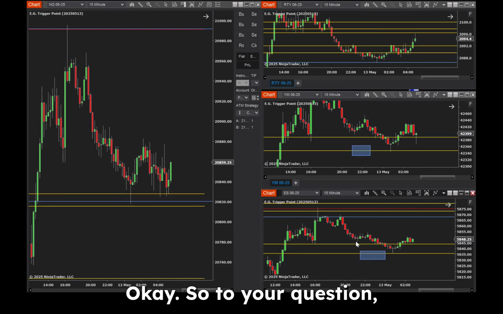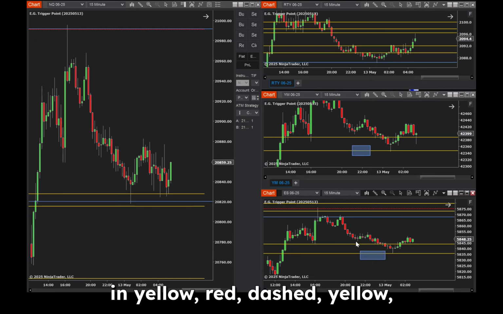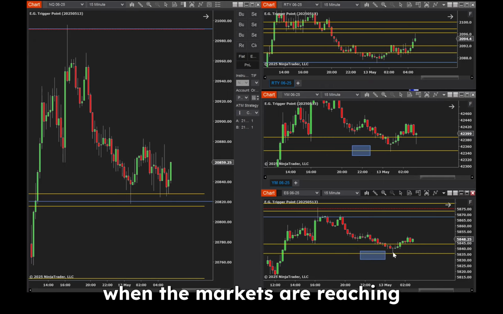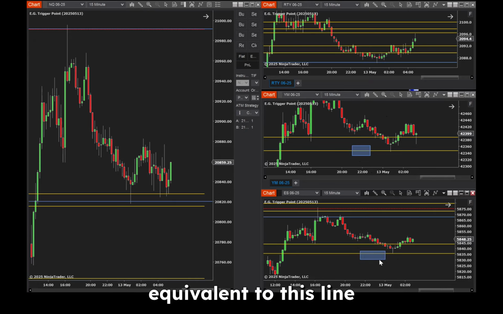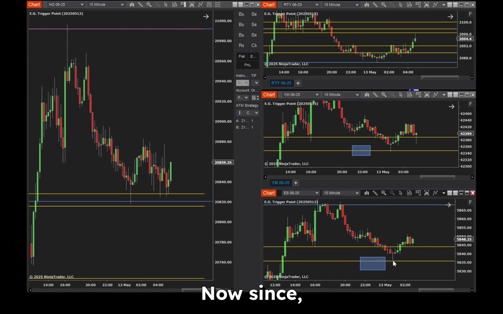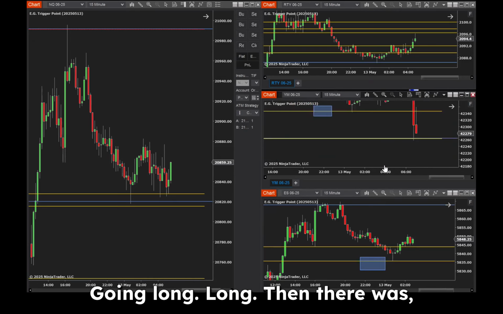So to your question, there's no difference in yellow, red, dashed, or solid lines, since we spot equivalent lines when the markets are reaching their lines together. This is equivalent to this line, providing me with a higher chance of a successful trade now, since it's a support level, the opportunity is going long.